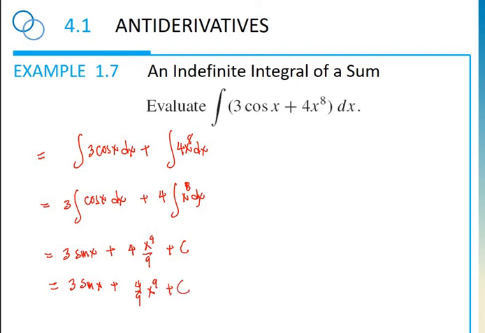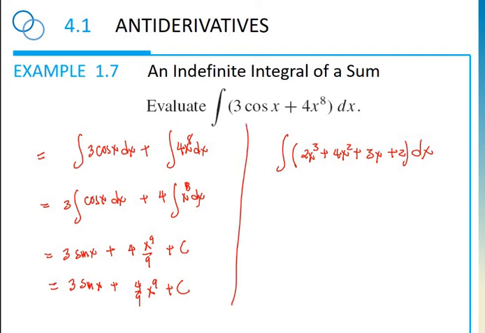The example I was planning to show, which is much simpler, is the one I want you guys to see. Suppose I have an integral like this: 2x cubed plus 4x squared plus 3x plus 2. What's the integral of this polynomial? Actually, if you remember the way we used to do derivatives, this is different from this one. Well, the first one, you can do four different integrals.